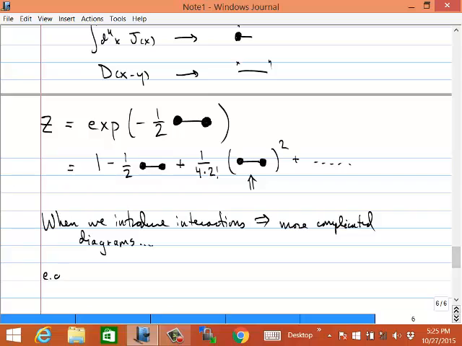But, for example, as we will derive on Thursday, for an interacting theory, such as a phi cubed theory, we have new sorts of ingredients that we can use to construct these diagrams. In particular, in a phi cubed theory, we'll discover a trivalent vertex.